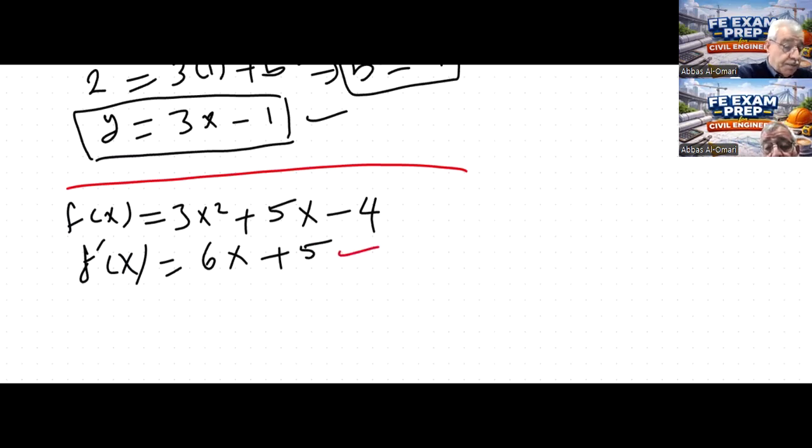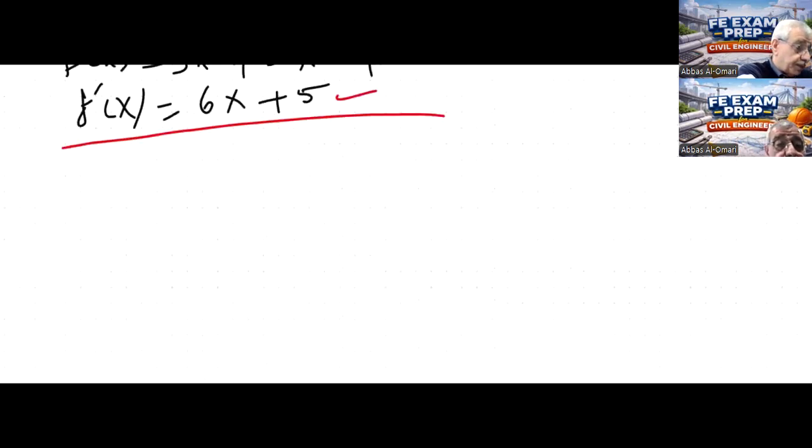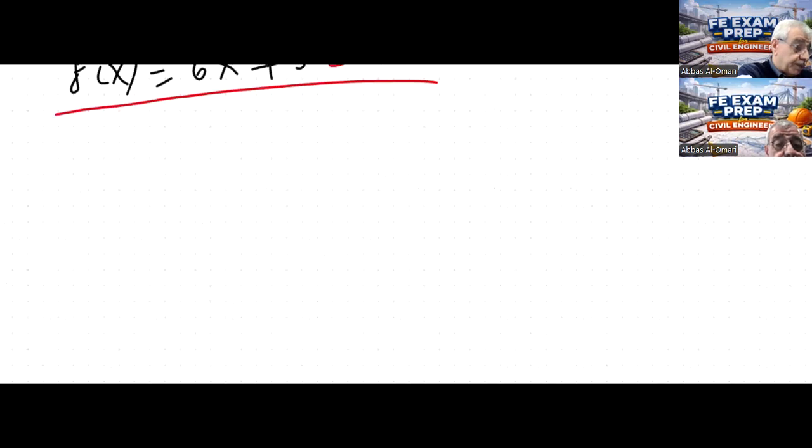Now the next problem is an integration problem. Again, a very basic integration question.